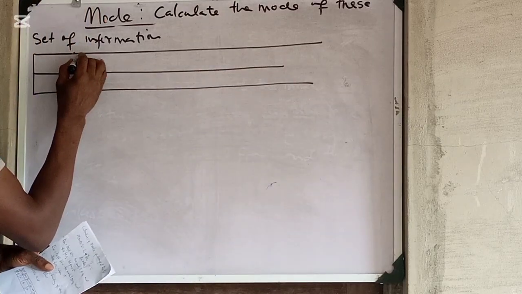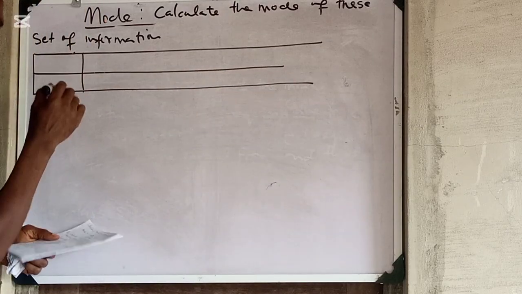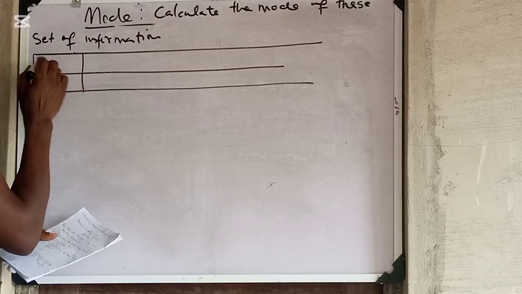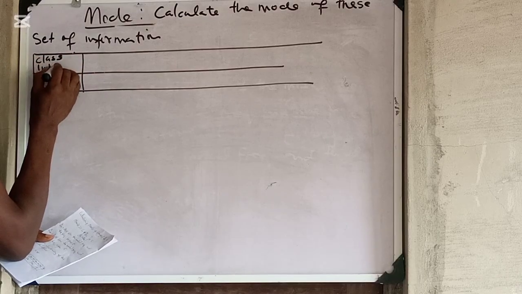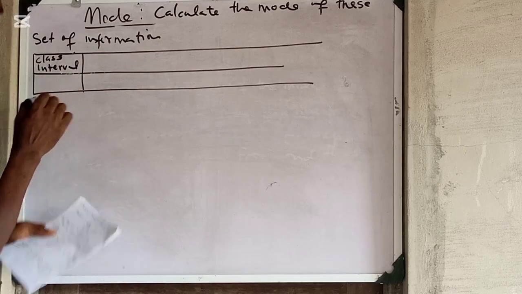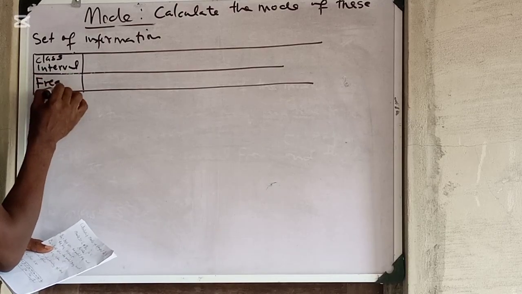So here we have the class interval, and here we have the frequency.